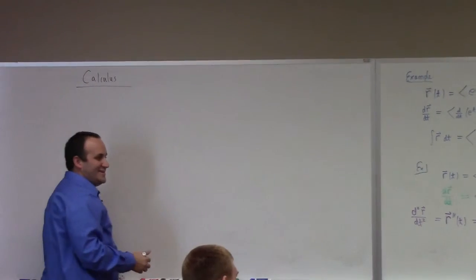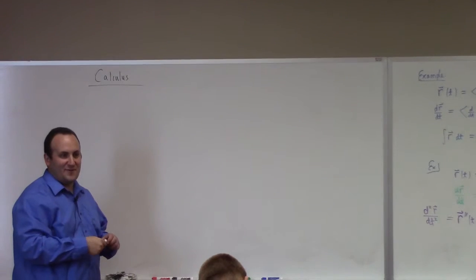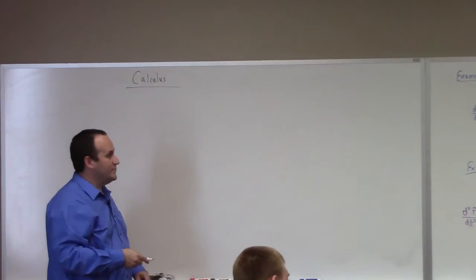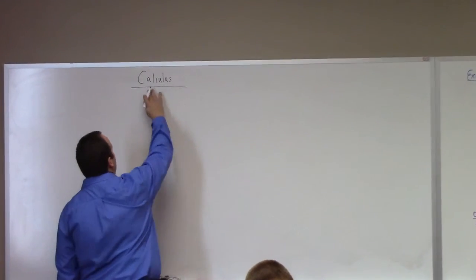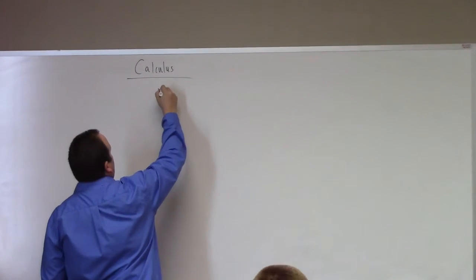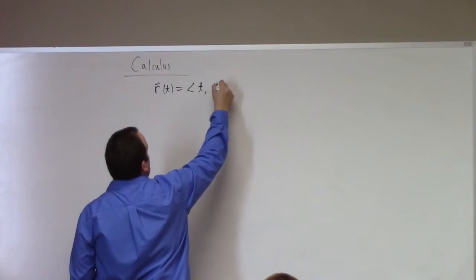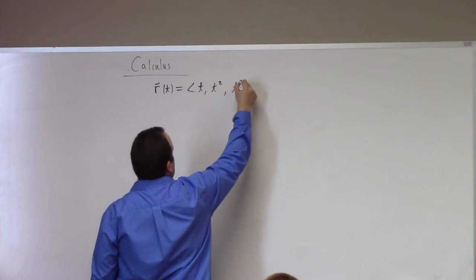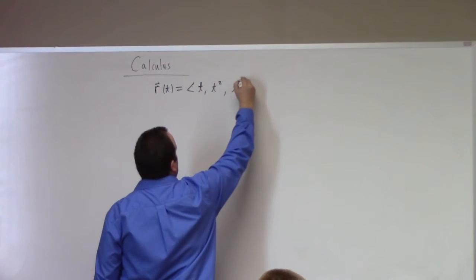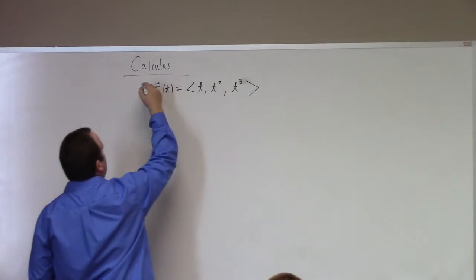Well, a human with a computer, I could graph it pretty well. But again, forget about those computers for a second. So how about this? r of t is t, t squared, t cubed. This is the twisted cubic, which is not too nasty.